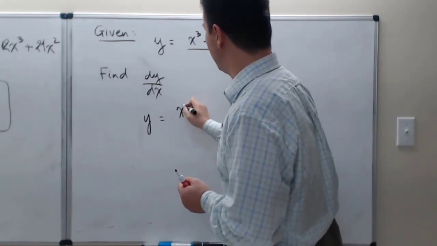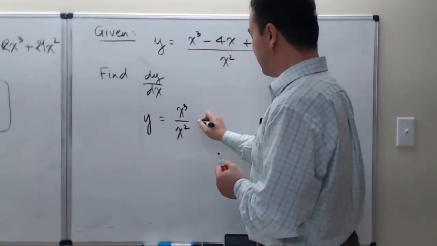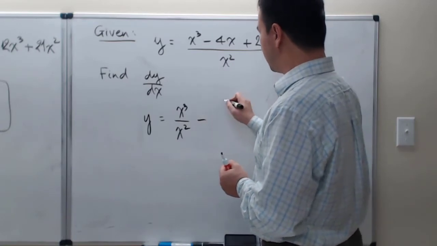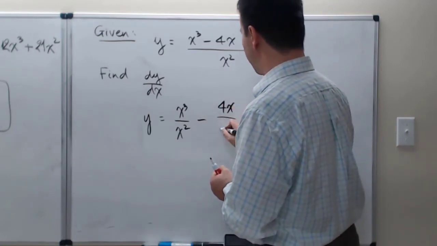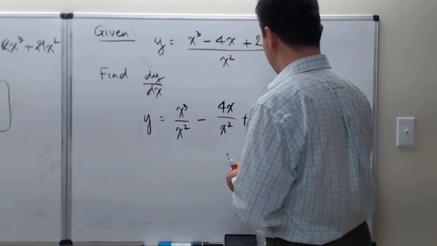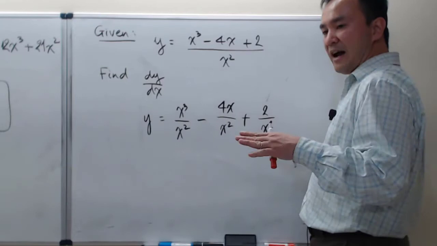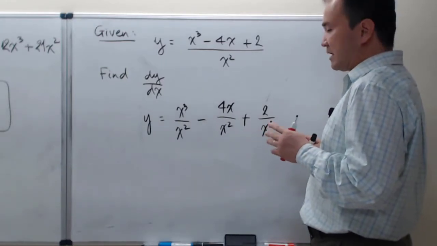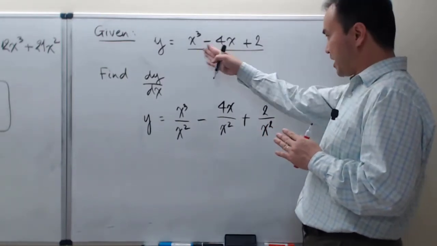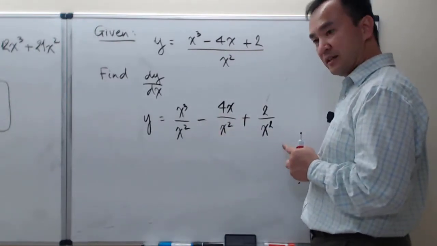So x cubed over x squared can be regarded as one fraction. Then minus 4x over x squared and plus 2 over x squared. Okay, so the rules of algebra allowed us to break a fraction into 3 separate little fractions like that.